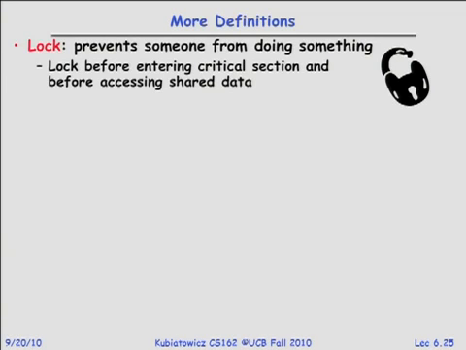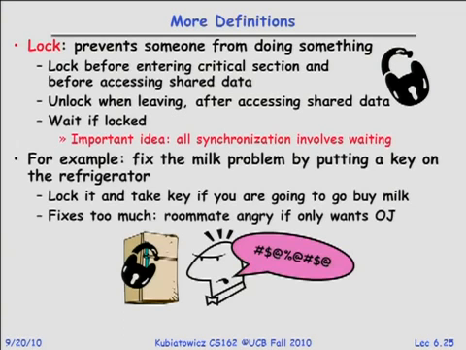So how do we fix the milk problem? We put a key on the refrigerator, right? You come home, you look, you see there's no milk, you lock the fridge, you take the key. You go to the store, you come back, you unlock the fridge, you put the milk in there. Does this fix the too much milk problem? Yes, but unfortunately it probably annoys your roommate, because in some sense this fixes too much.